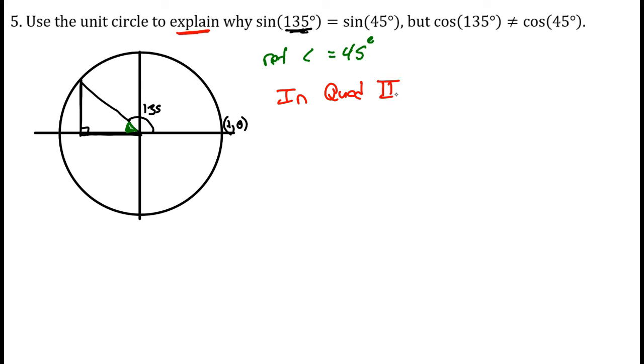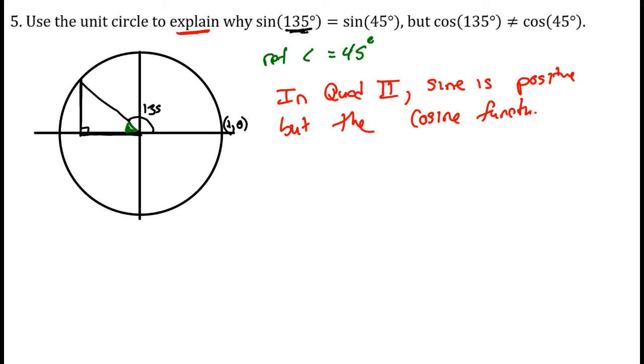In quadrant 2, we know that sine is positive. We know the sine function is positive, but the cosine function is negative. The reference angle for 135 is 45 degrees.